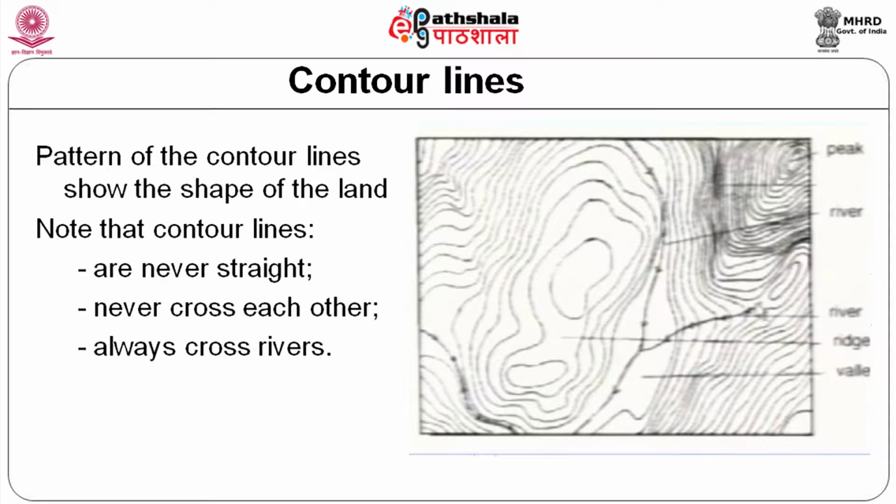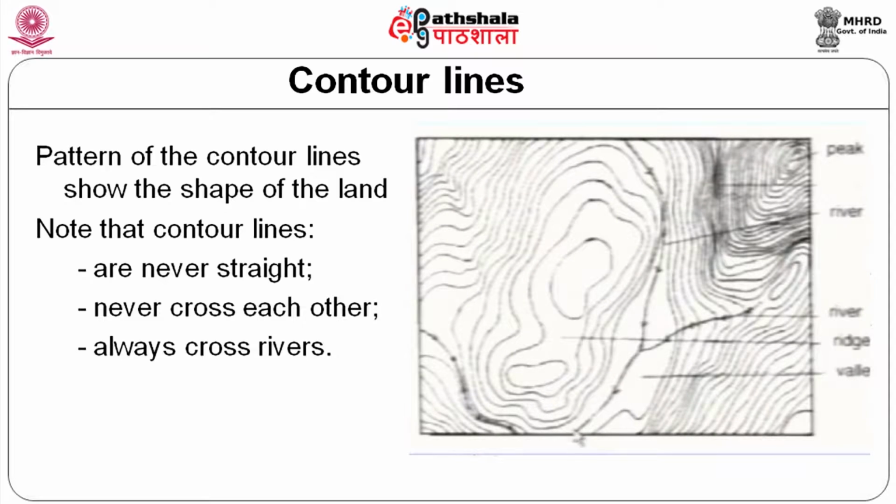So this is your natural drainage, or we call it the river, or simply drainage. This is the place where water drains from the hills, and this we call the ridge, the highest point, from which on either side it will be sloping, and this is the slope part of it.